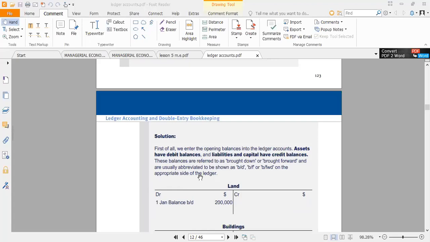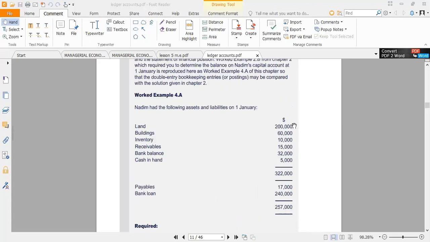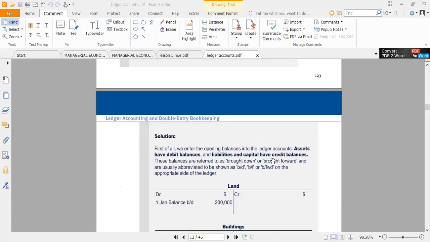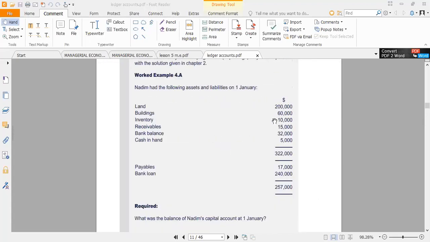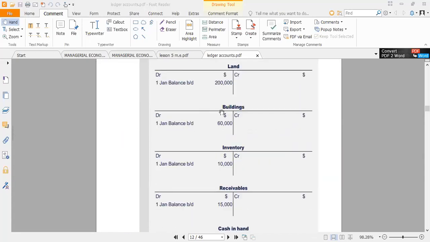First of all, assets always have a debit balance and liabilities always have a credit balance. So does capital. So our land, we're going to give it a debit balance of 200,000 here. Our building, we're going to give it a debit balance here because it's an asset.